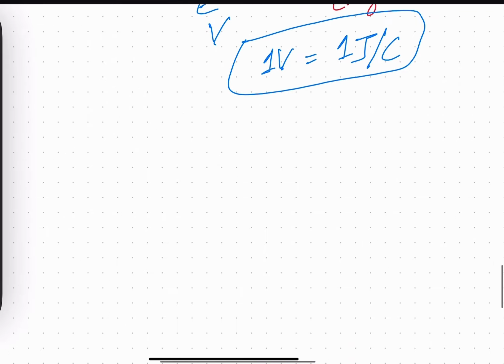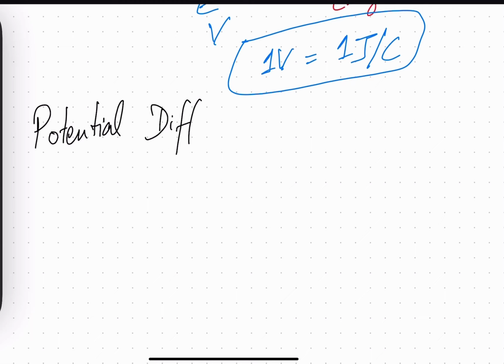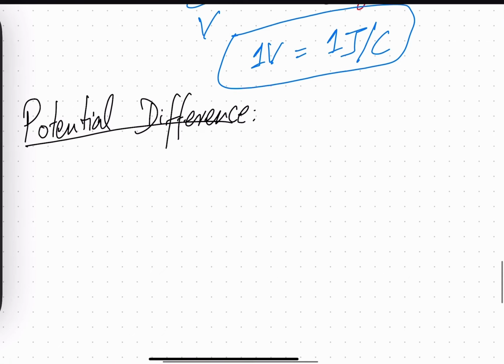Okay, so the next term is potential difference. People mostly confuse potential difference and EMF, so you should know the differences and similarities between them. Potential difference is, let's suppose I'm taking the same example.